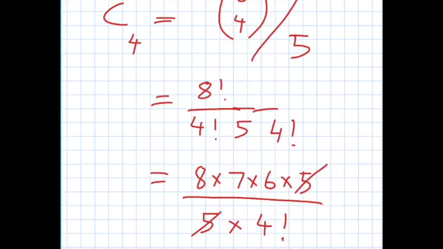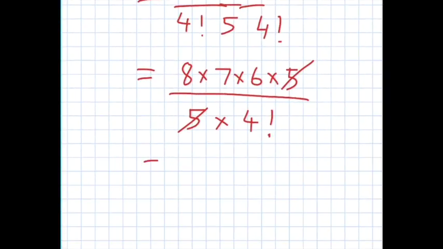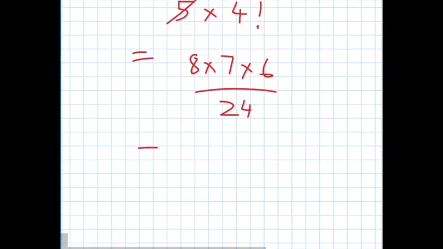So 5 and 5 go. This is 8 times 7 times 6 over 24, which is equal to 14. So this is the fourth Catalan number.